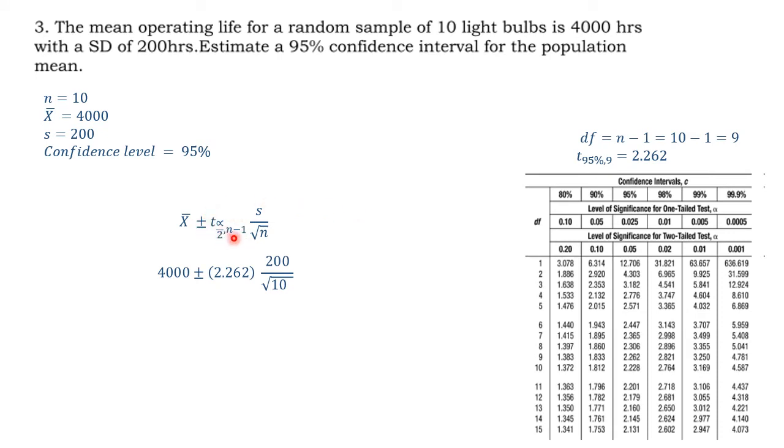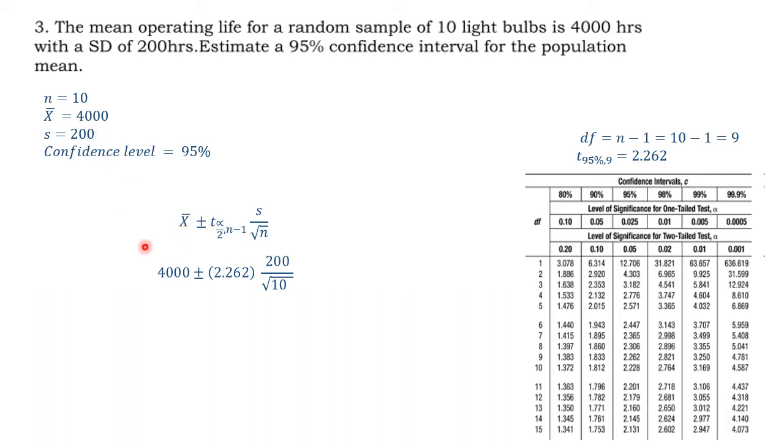How to find t alpha over 2 n minus 1? First we find degree of freedom df, which is n minus 1. N is 10, 10 minus 1 is 9 at 95%. So 95% and 9 will give us 2.262.